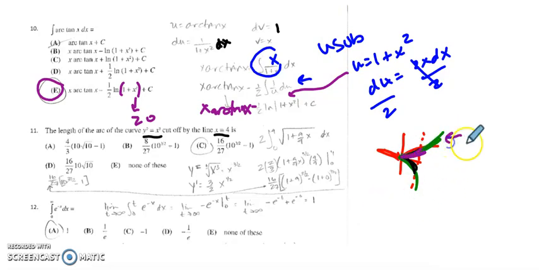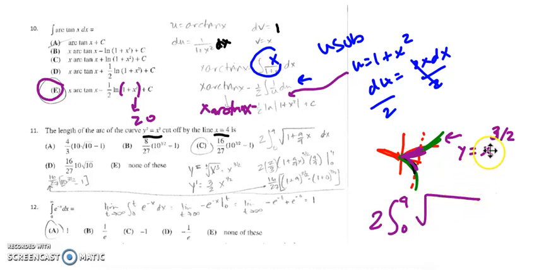So this curve is y equals x to the 3/2. And I set up a situation where I'm integrating that from 0 to 4, and I double that integral in order to get this part and this part of the curve. So I then need 1 plus the derivative squared.